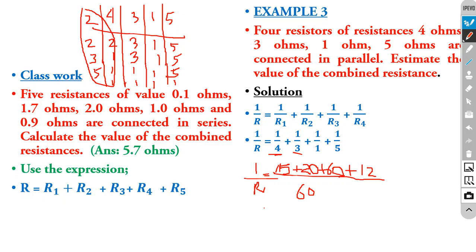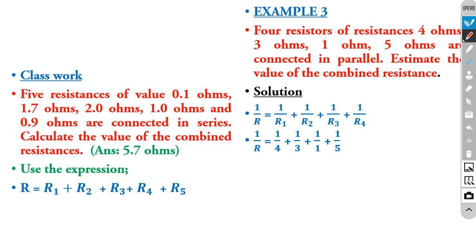So we'll simply say 1 over R equals to 107 divided by 60. Okay, so that's how we arrive at this point, and then we make R the subject of the formula. So in case you see me write something like that, you should not be confused at all.